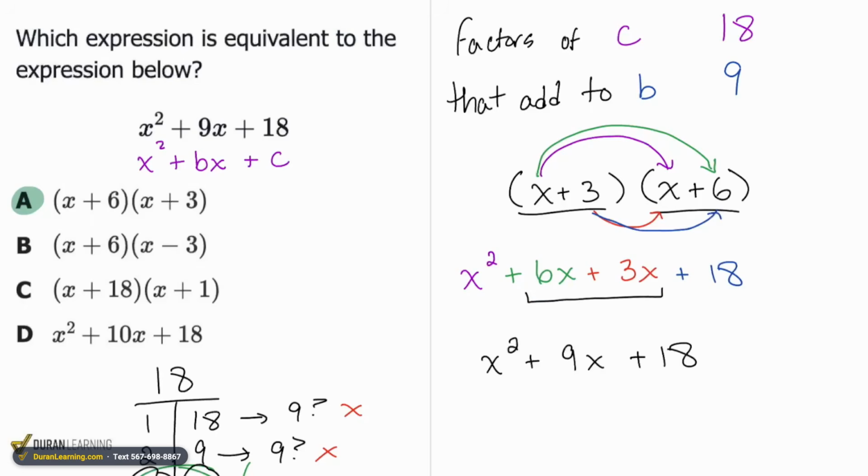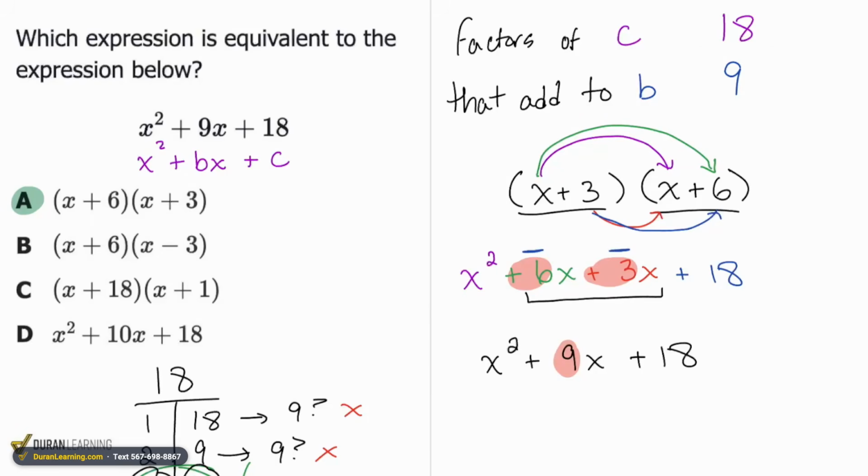But I want to show you something really important, because this is what this lesson is all about. Do you notice that right here, we add these two numbers to get the b, and we multiply those two numbers to get the c? Do we see that shortcut rule?